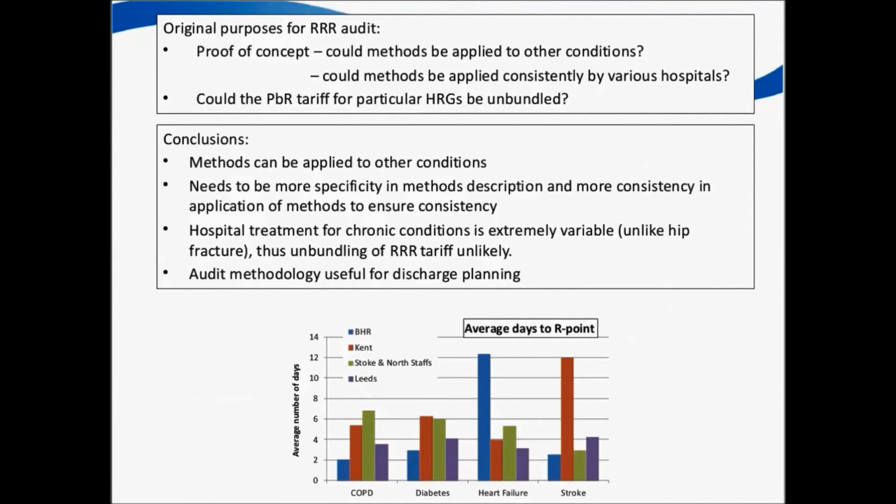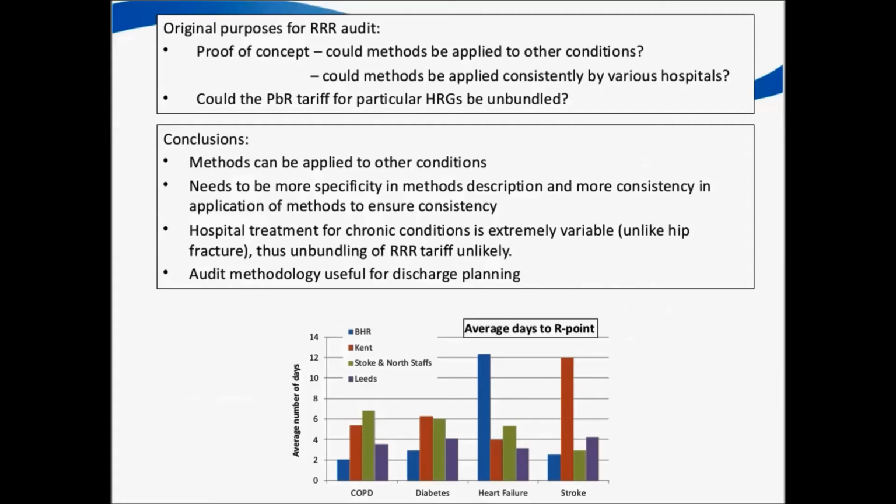So to go back to the original purpose for the RRR audit, the reason that our early implementers carried out this RRR audit was partly a proof of concept for the national program. Could the audit methodology be applied to chronic conditions? Could the method be consistently applied between various hospitals?